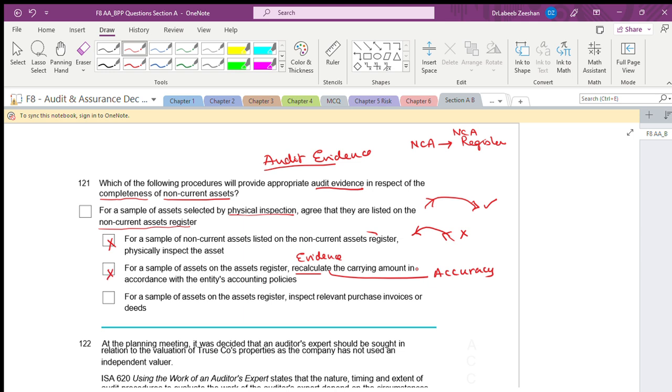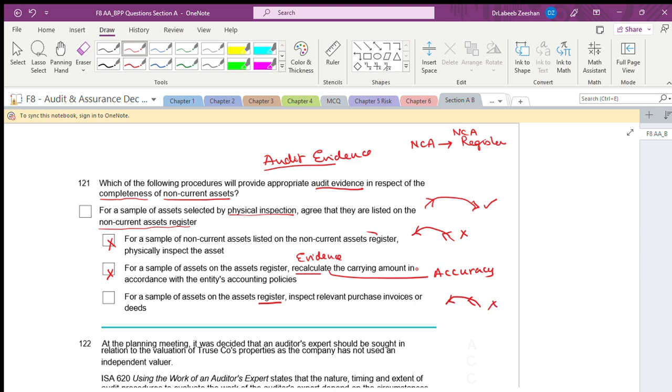In every lecture, every session, I will have only one question, but that one question will cover completely all the related aspects. For a sample of assets on the asset register, I am telling you again and again, we should not go from back to front.